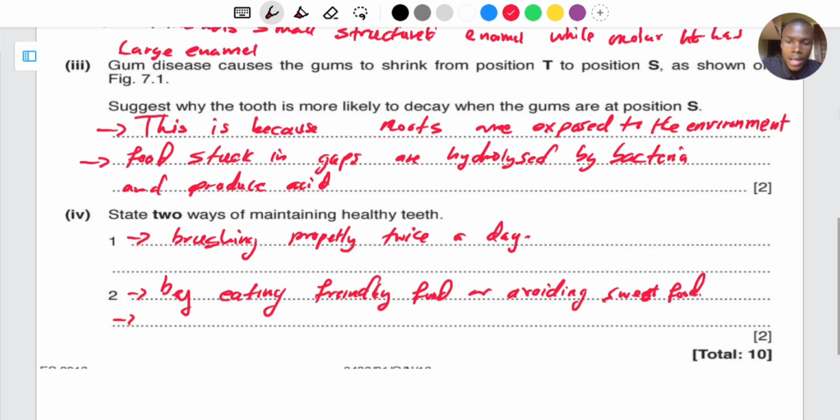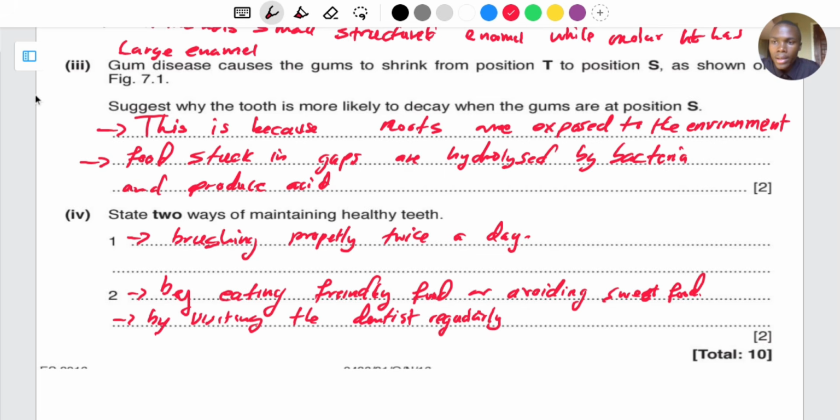And others, or by visiting the dentist regularly. You can also include that one. So we can say by visiting the dentist regularly. So these are the answers for this question.